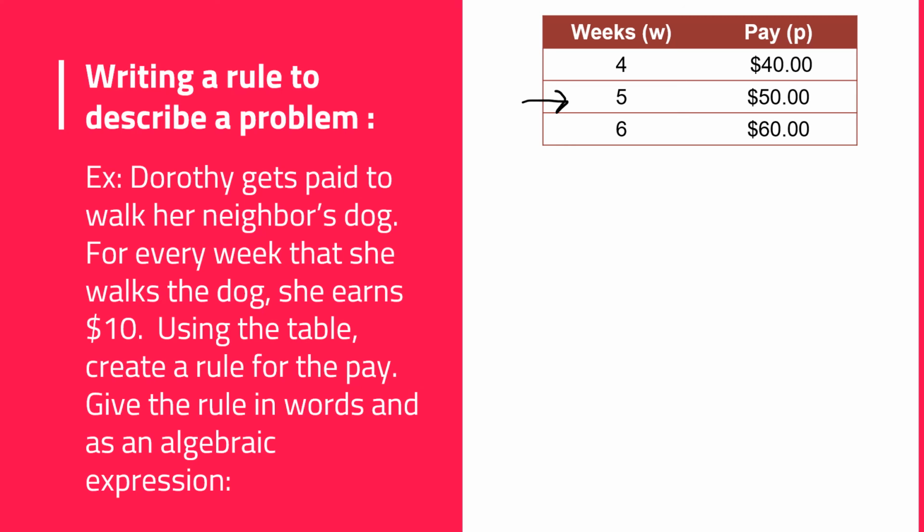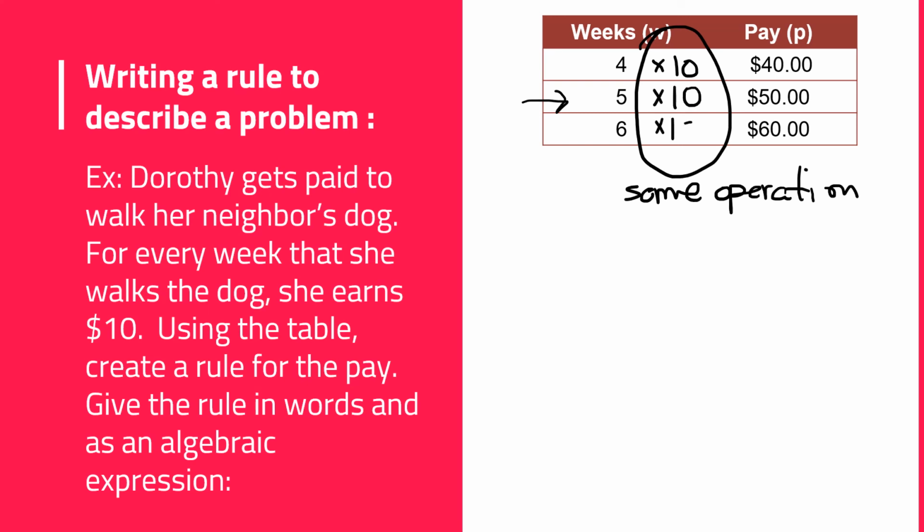Pretty simple, right? Our goal is, how do we get from one side to the other? What's the same operation that would get me there? Well, let's see, how can I get from 4 to 40? I could times by 10. So my goal is, can I repeat that operation and get the same outcome? And I can. So what that means is, weeks is represented by W, right? So W. That would be the 4, the 5, the 6, the 7, however many weeks she worked.